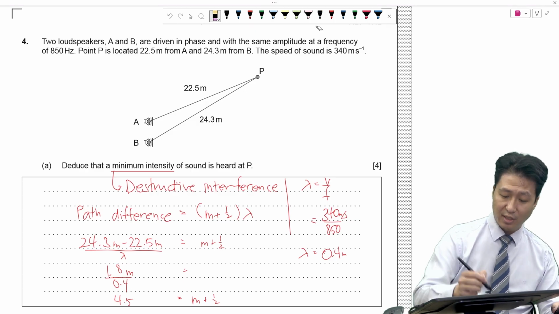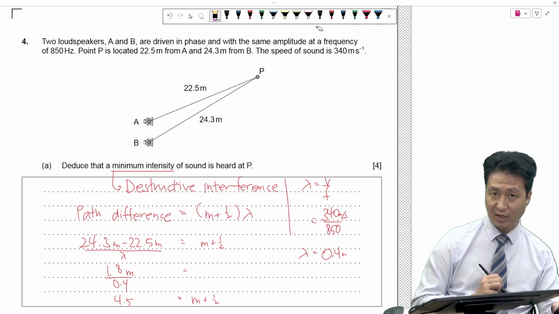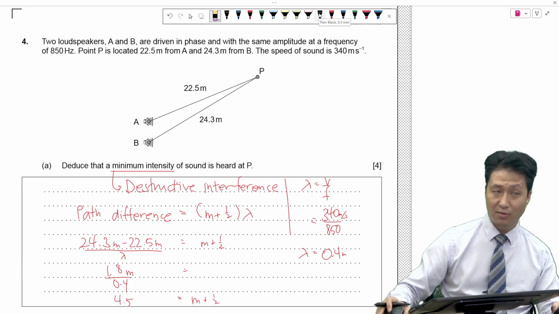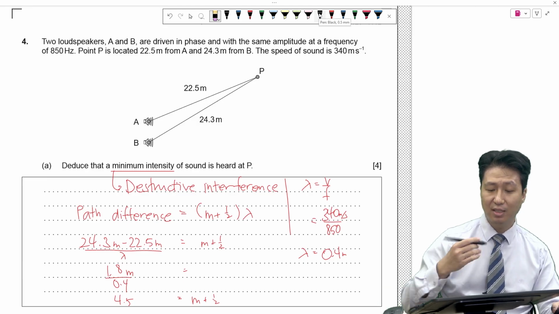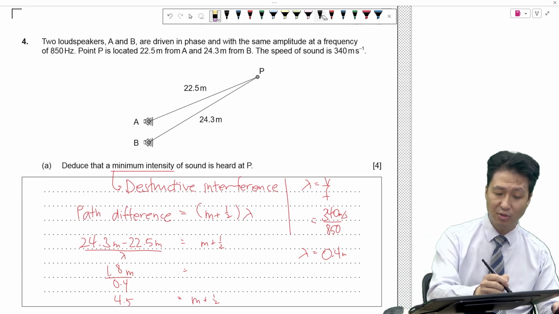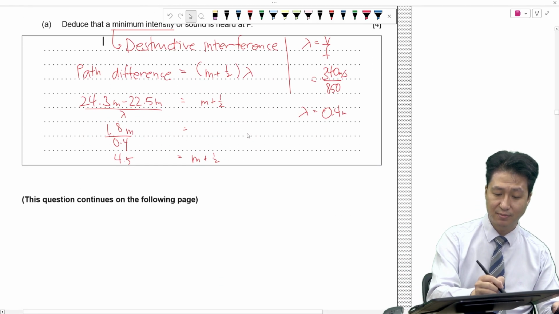The condition was that the number of wavelengths, which is 4.5, has to be some integer plus 1/2. So it's exactly half a wavelength out of phase, or pi radians out of phase, which means it would be, of course, satisfying the destructive interference condition, which also means there would be a minimum intensity there.